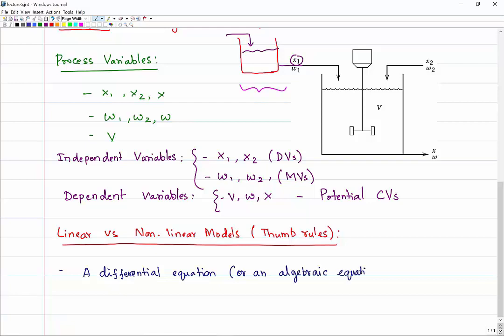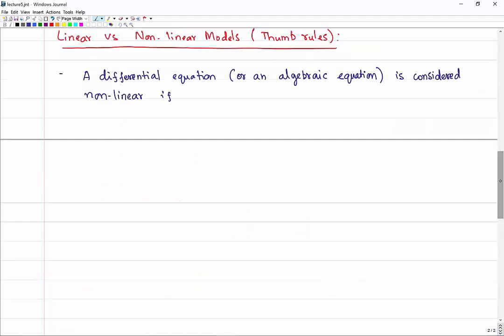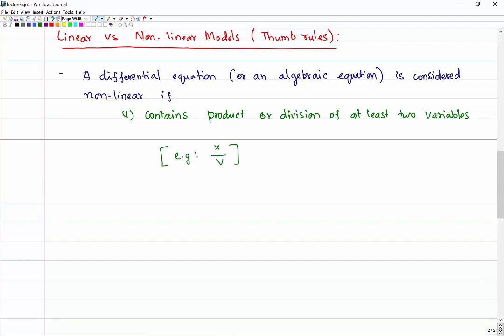So we consider a differential equation or an algebraic equation nonlinear if any one of the following three thumb rules is satisfied. If it contains product or division of at least two variables, for instance, if you have X over V, where X is the exit concentration in the blending tank and V is the volume, it is a division of two variables and therefore that term would be considered nonlinear.